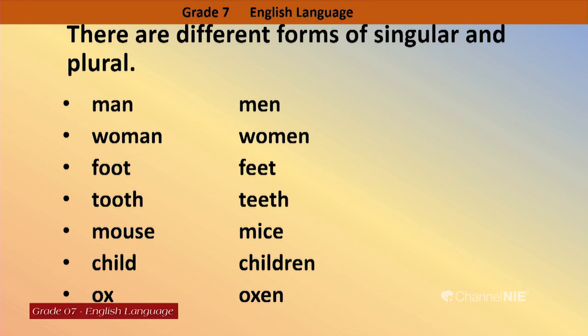There the word changes a little bit, like M-O-U-S-E, mouse becomes mice, M-I-C-E. Child, children. One child, a lot of children. For that word we add ren, children. Ox, there we add en to make the plural, oxen.